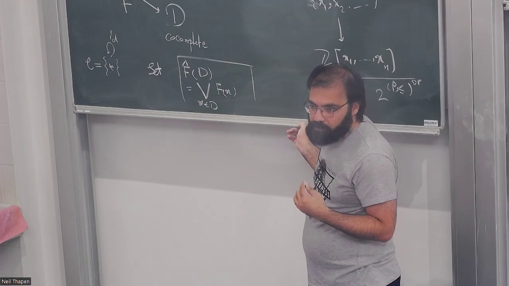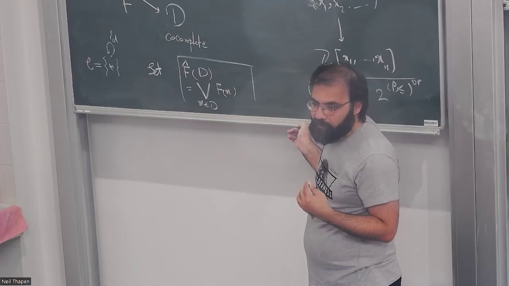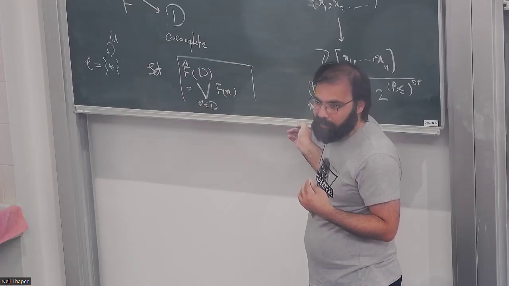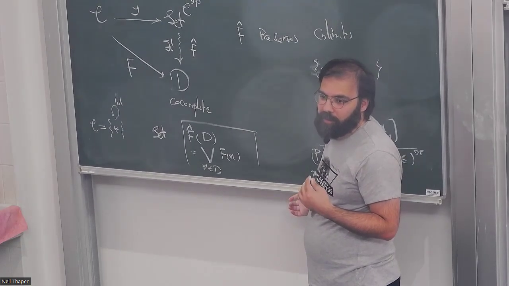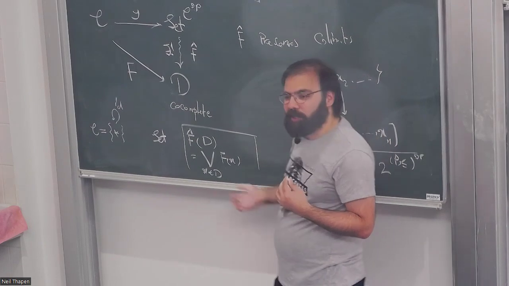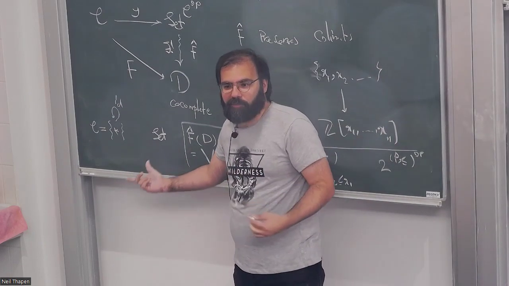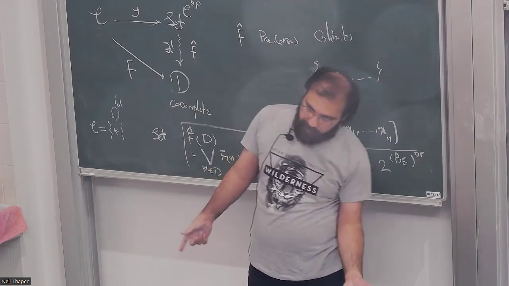I am a bit surprised with this example of a single term and getting the category of sets. So do you really need the usual set theoretical universe with all these? It depends. It's not something very deep. The thing is that it is hidden in the definition of co-complete.